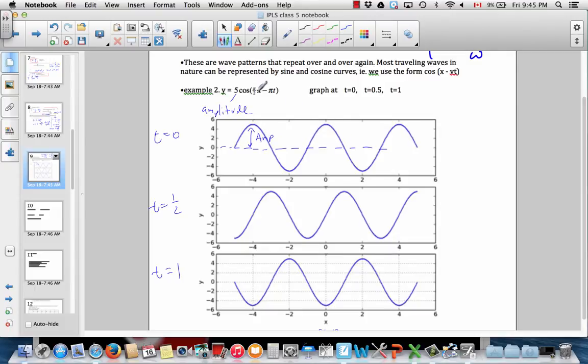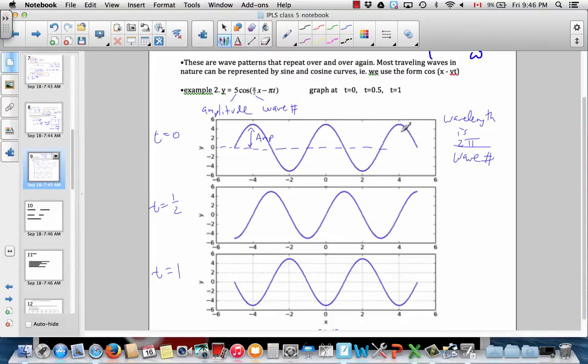Now, these numbers here may be familiar to you. In your previous math course, you might have called this the B number, and then the wavelength you would have said is 2 pi over the B number. Well, in physics, we don't call it the B number, we actually call it the wave number, and then the wavelength is 2 pi over the wave number.